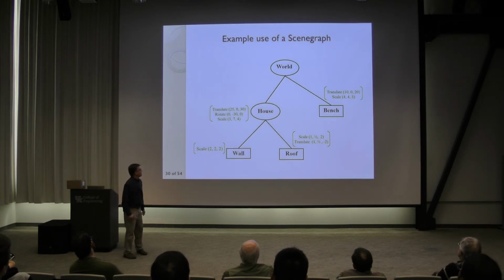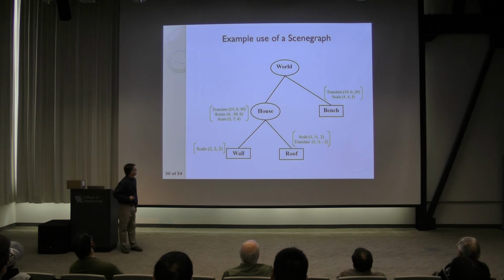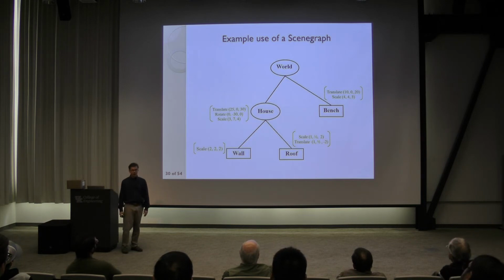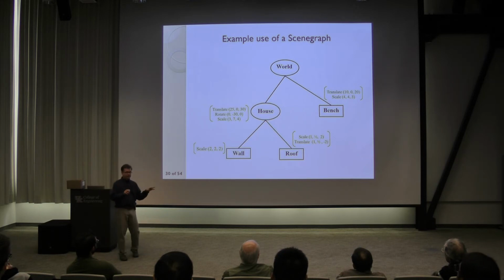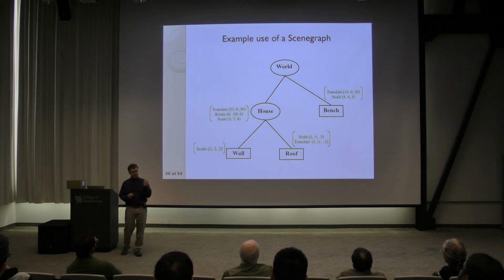So the key feature of the scene graph is that here's an actual game object, wall, that's in the game. It has to be rendered. So there's a bunch of matrices involved. There's of course the vertices and their locations. But then there's the translate, rotate, and scale matrices that we use to move the wall around.